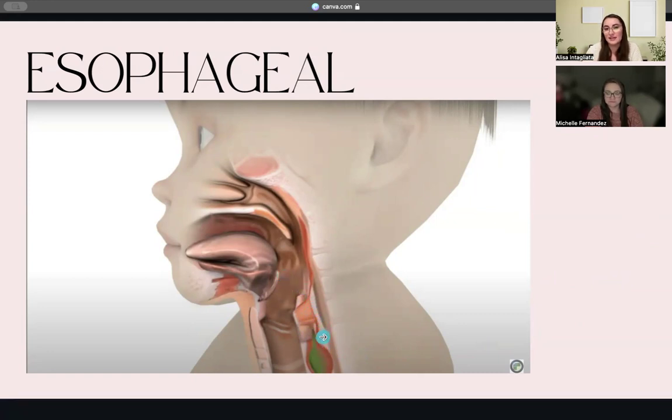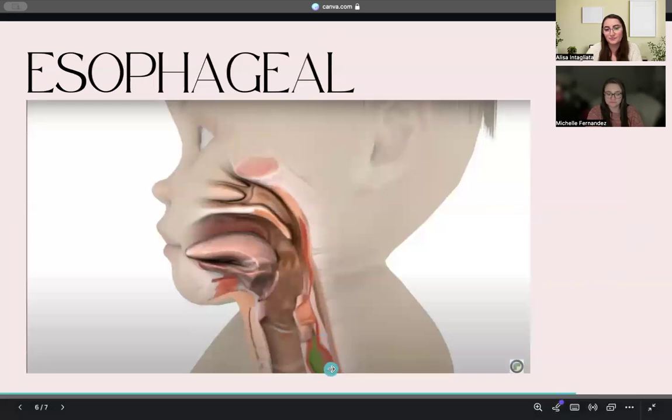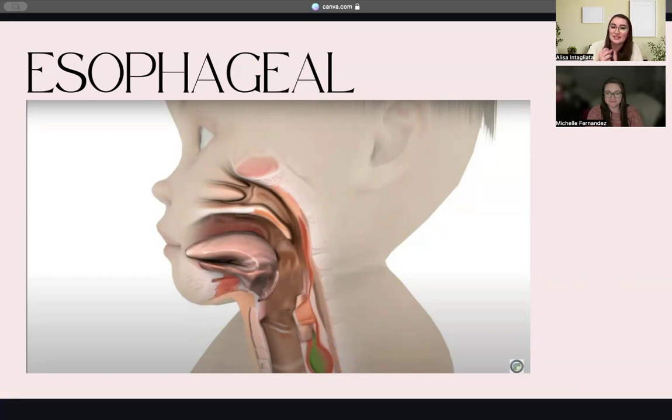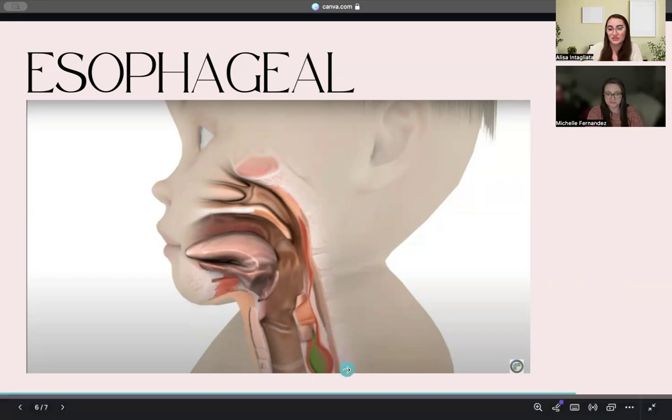Once it enters the esophagus, peristalsis, which is just your muscles contracting, moves the food down the esophagus so it can enter the stomach for digestion. All right, and that's pretty much it.